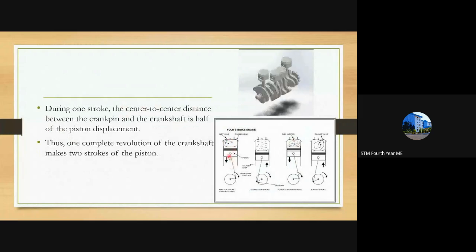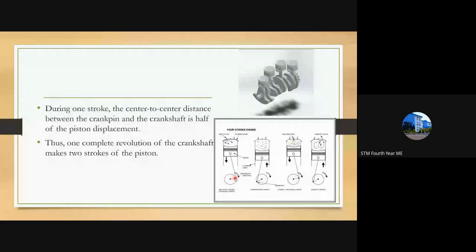During that motion, the connecting rod moves from this point till this point. Maybe it will be here because the figure is shown like this. So from here to here it moves. That will be half rotation of the crankshaft. One movement of the piston provides half movement of the crankshaft.